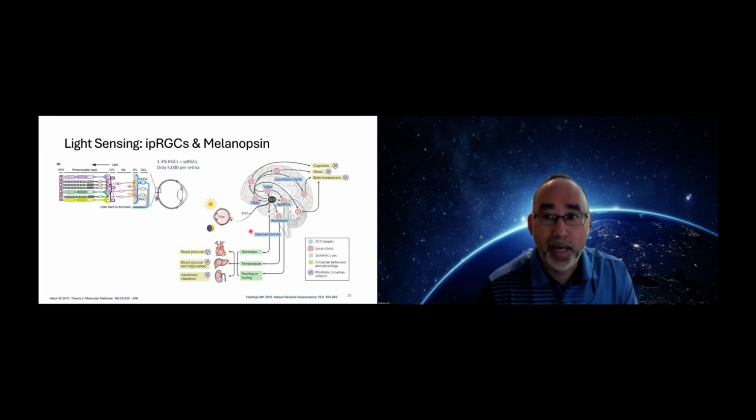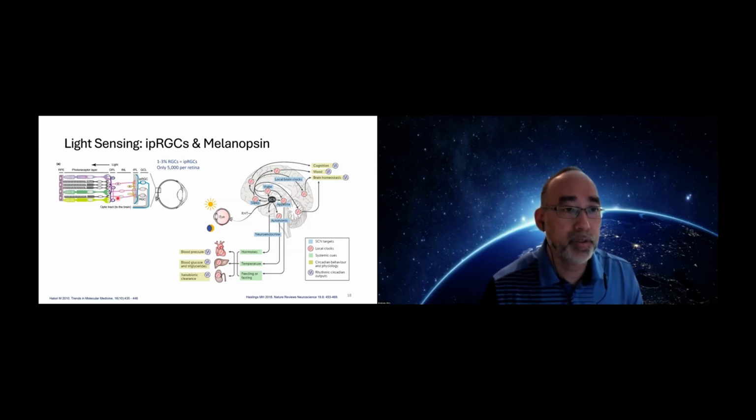So now, how does light activate signals originally? This is an image of the retina and a zoomed-up picture of the retina. And you could see various components of the retina here. You could see the cones, which detect color, and rods, which detect the details of light vision.